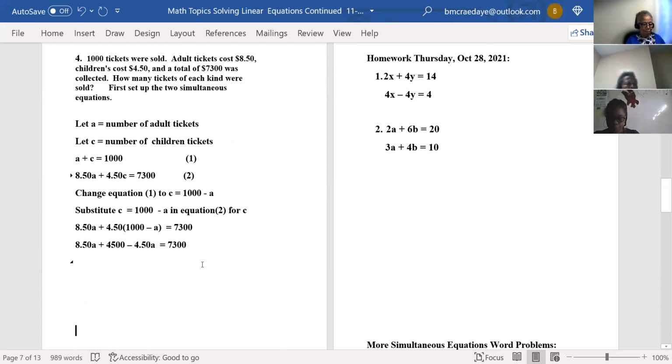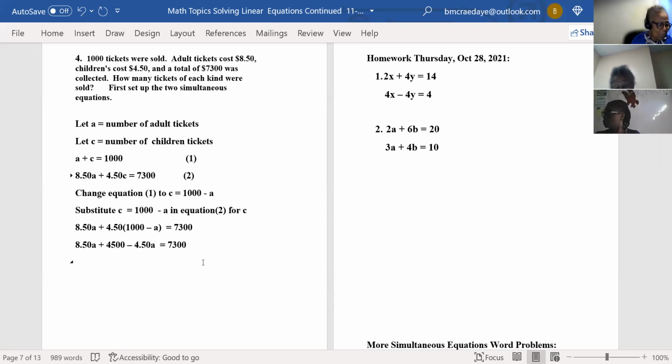Then I wrote 4A equals 7,300 minus 4,500 equals 2,800. I don't know if I did it right, but that's how I did it.